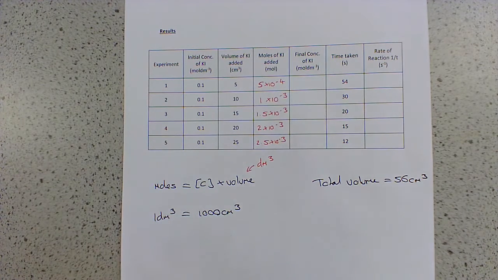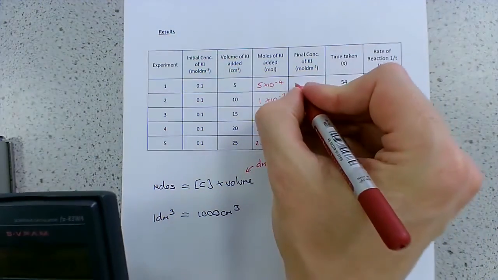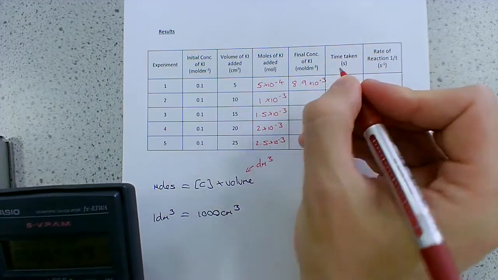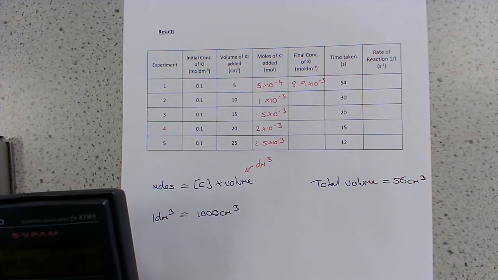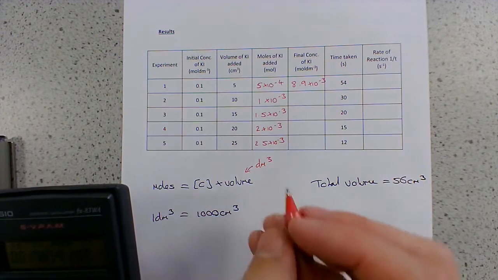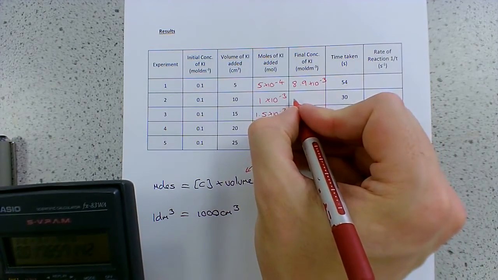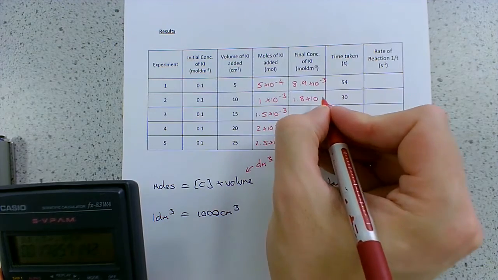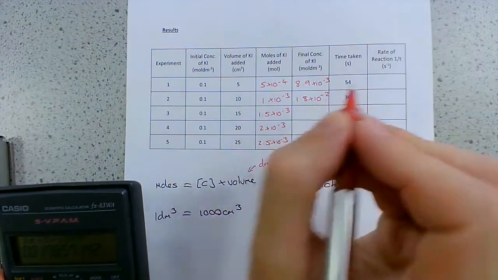So the first one, 5 times 10 to the minus 4 divided by 0.056, giving us a value of 8.9 times 10 to the minus 3. 1 times 10 to the minus 3 over 0.056, giving us 1.8 times 10 to the minus 2.